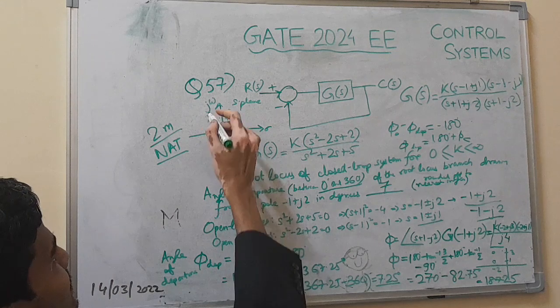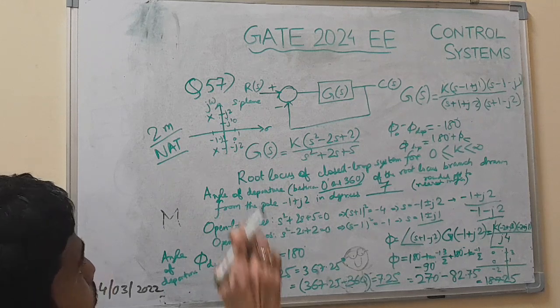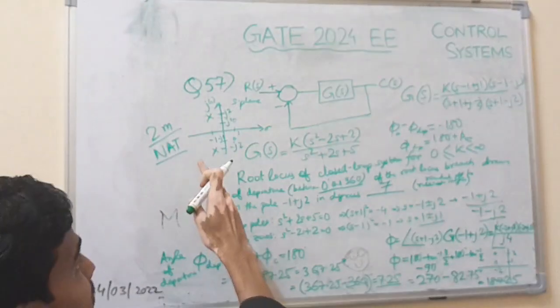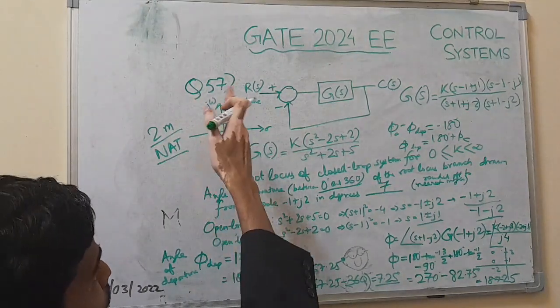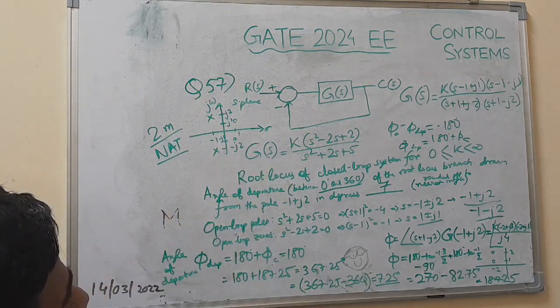As you can see, it is symmetric, right? There are two poles on the left of the s plane and two zeros on the right of the s plane, located in a symmetric manner.